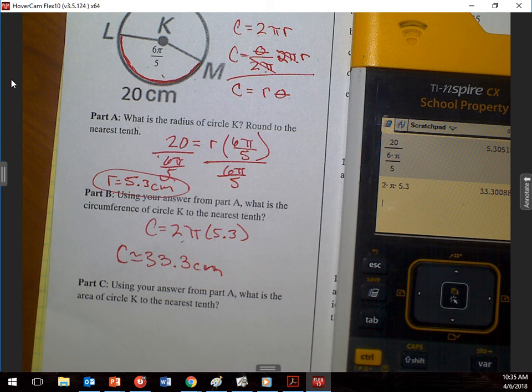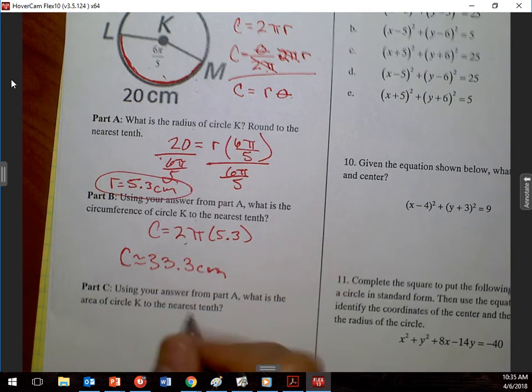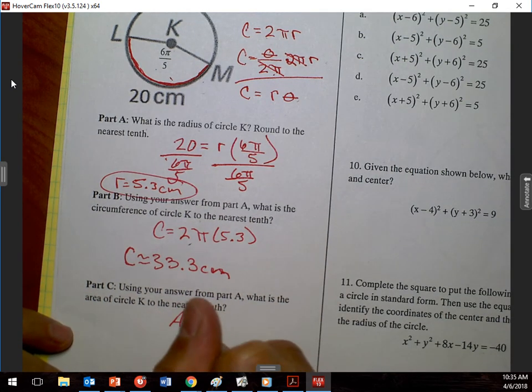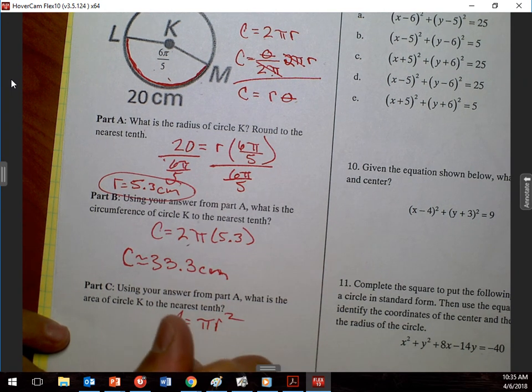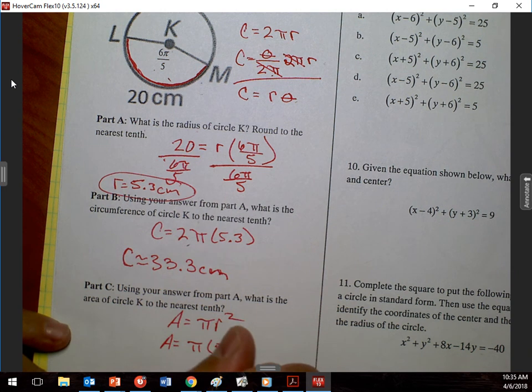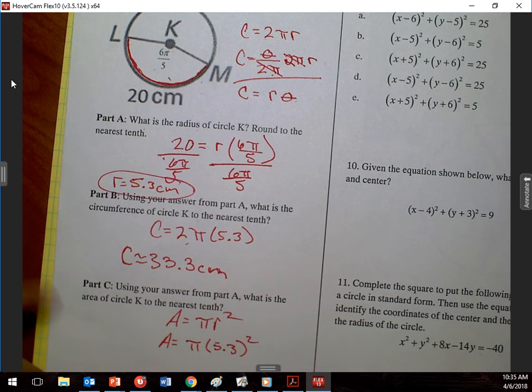Using your answer from part A, what is the area of circle K? Okay, area formula. Area is equal to pi r squared. So my area is equal to pi times my radius, 5.3 again, squared.